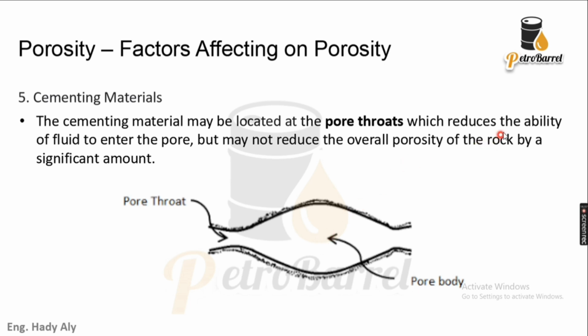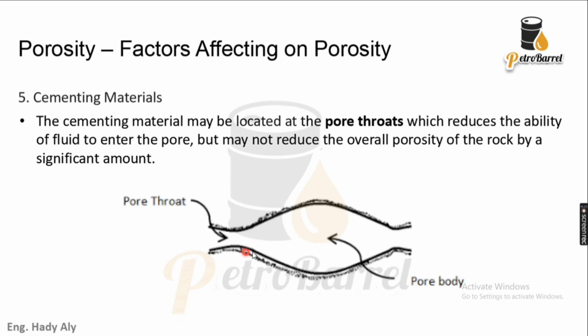Okay, so if I have cementing material inside the pore throat itself, it reduces the ability of fluid to flow, or it has a significant impact on the fluid flow inside the porous media. But to be honest, the cementing material inside the pore throat doesn't significantly affect the value of overall porosity.